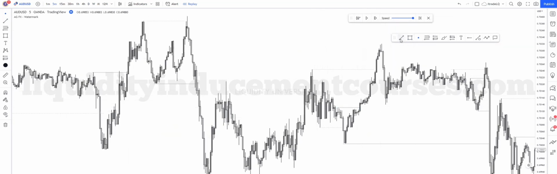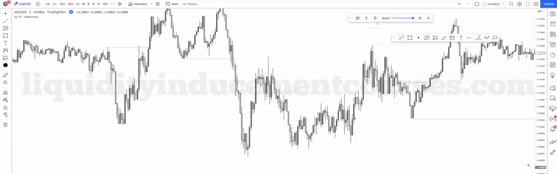Oh, I see a strong high too. Right there. Let's see right here. Strong low. A break here.